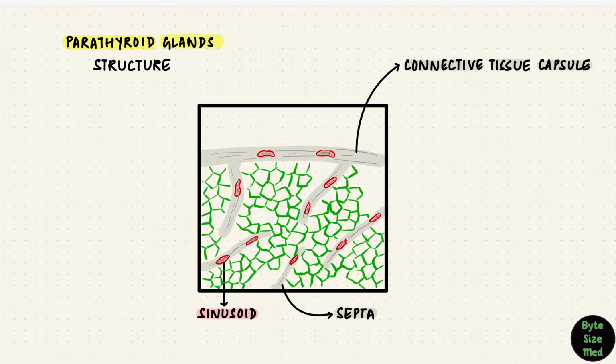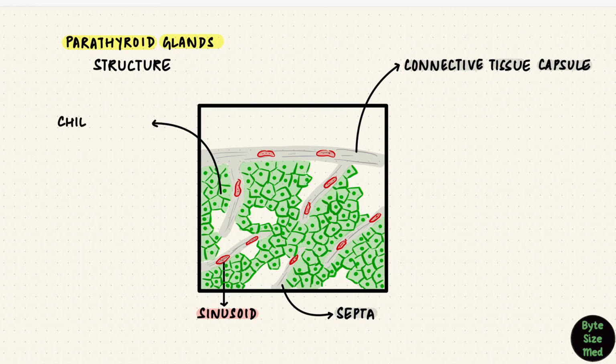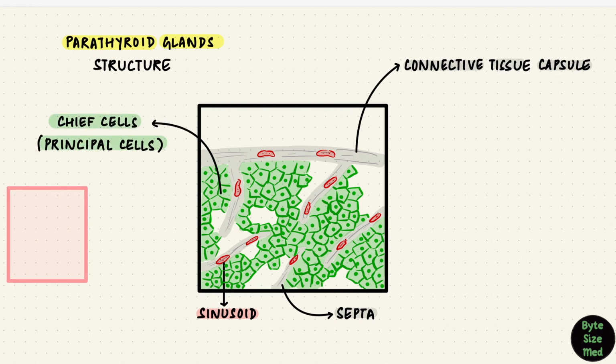The main cell of the parathyroid gland is aptly called the chief cell or the principal cell. A little side note here, remember that chief cells are also seen in the stomach. Those are completely different cells. But here in the parathyroid gland, the chief cells are polygonal with a central round nucleus. They could be active or inactive.